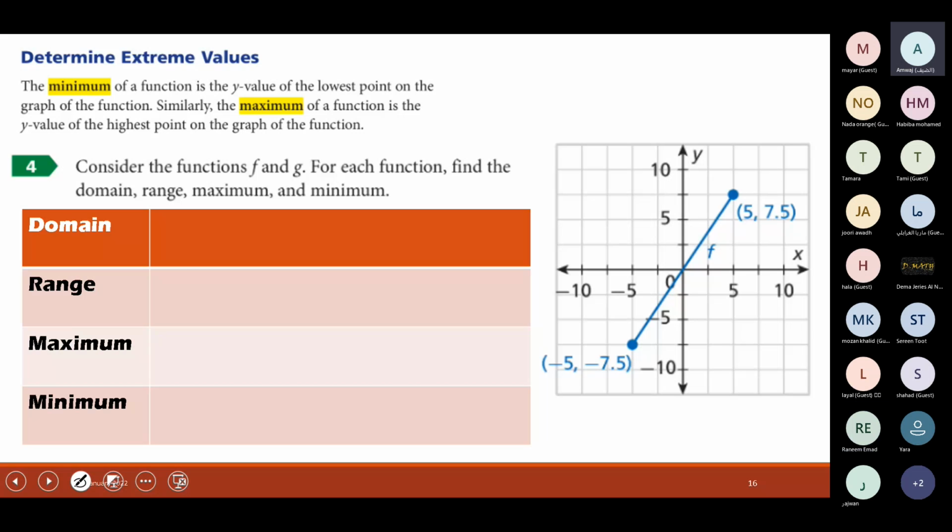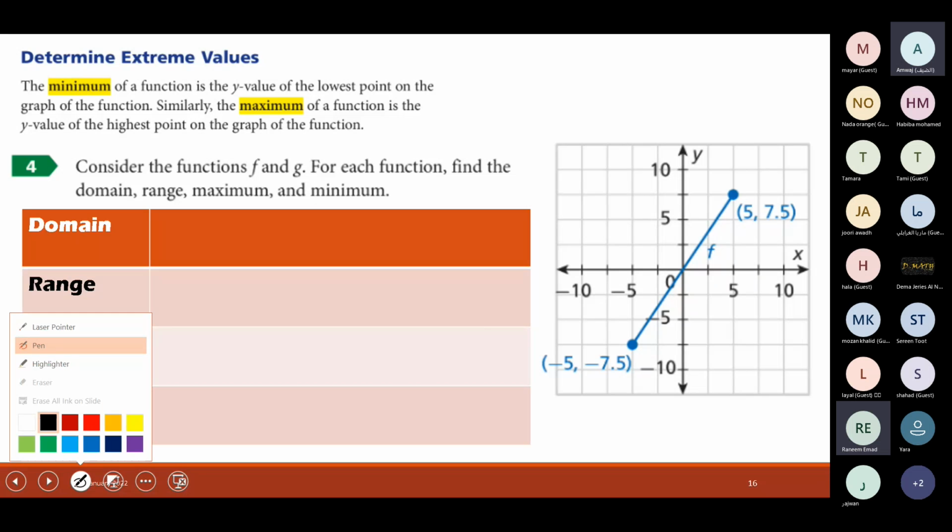Yes, Ranim. Where's the domain here? The domain is x, right? So the points of x. So what's the domain of this function? 5 and 7.5. The values of x. Is the second point negative 7.5?